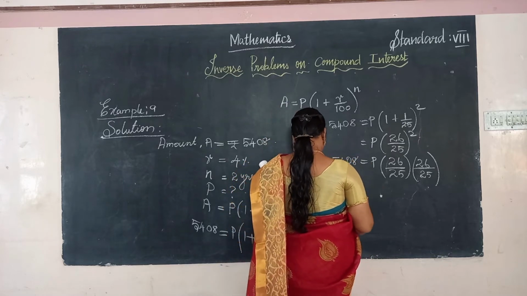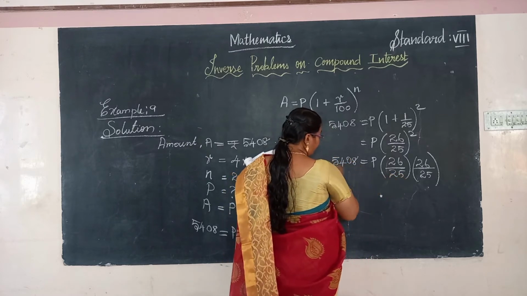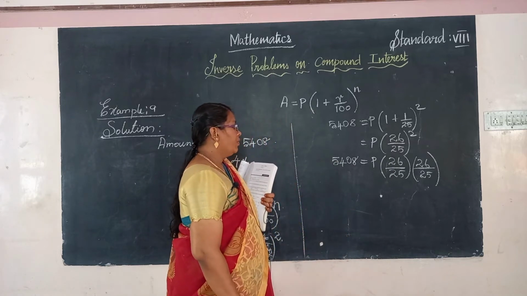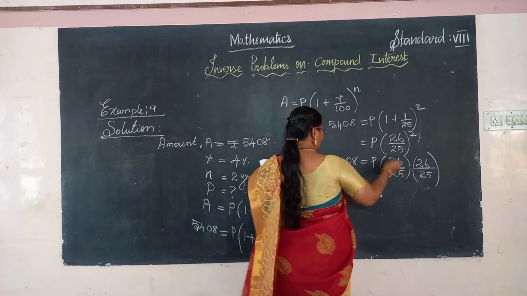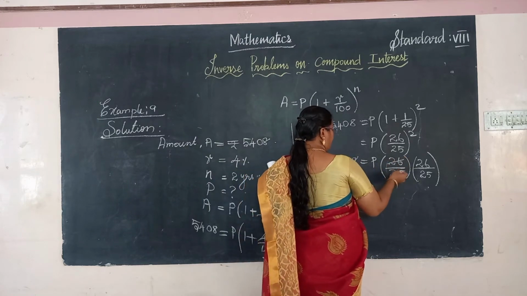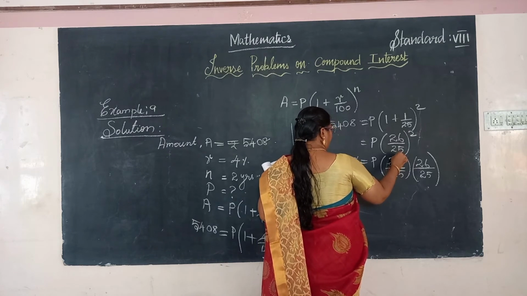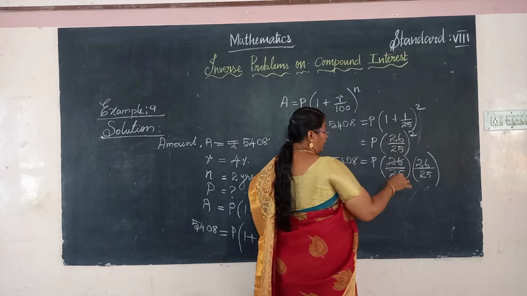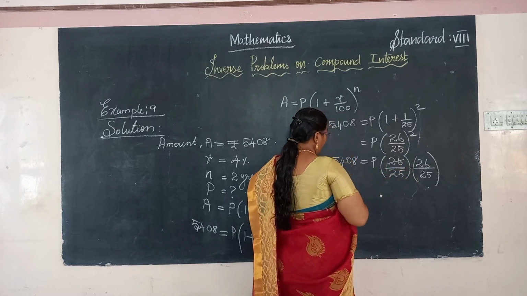Now, can you cancel this in the 4 table? 4 5s are 20, 24, it's not possible.